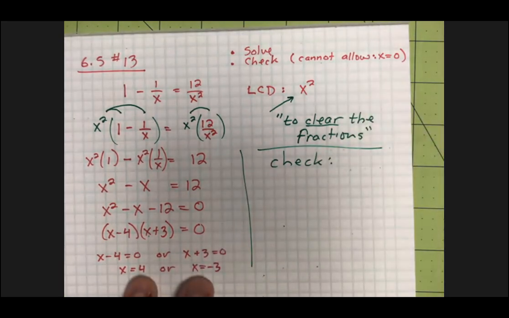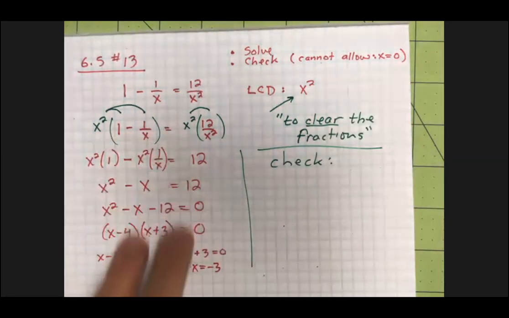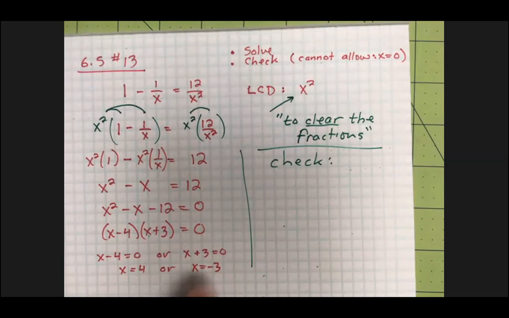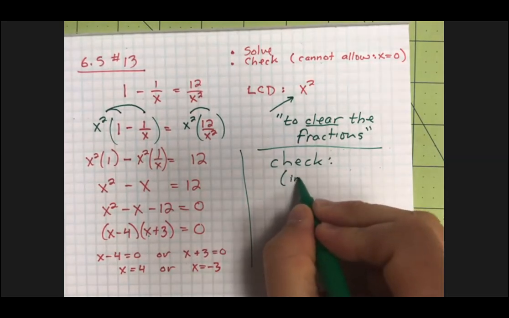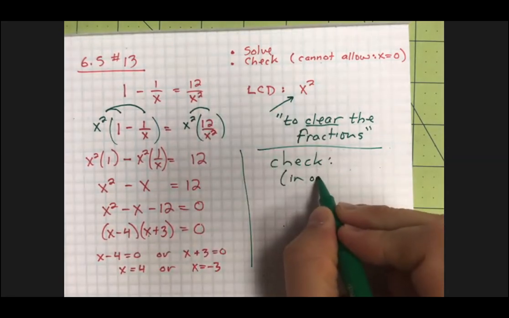And the two answers I got here, neither one's 0, so that's okay. You could still ask yourself, do they work? They may work or they may not work. But as long as I didn't screw up the denominator and I did all my work here correctly, they're going to work. Remember to check, though. Don't check along the way. You have to check in the original equation.